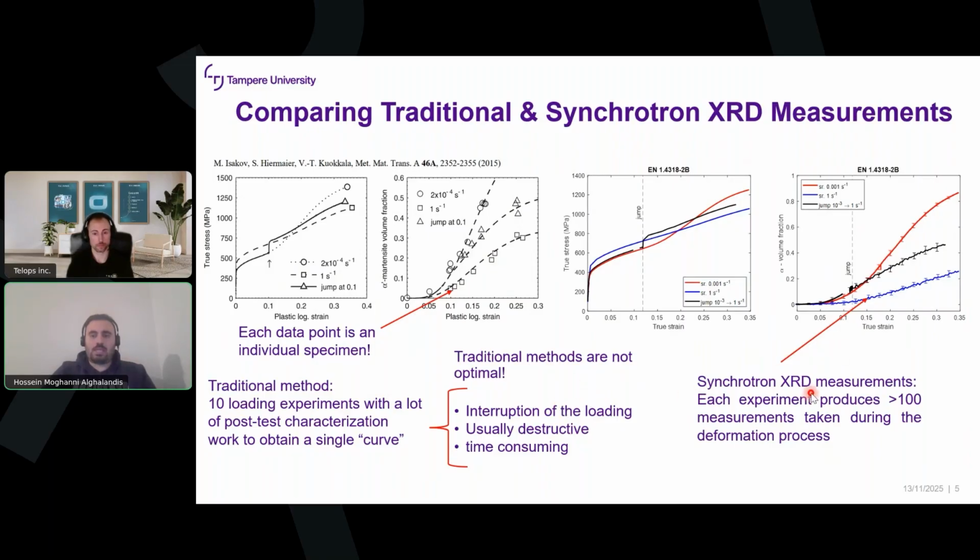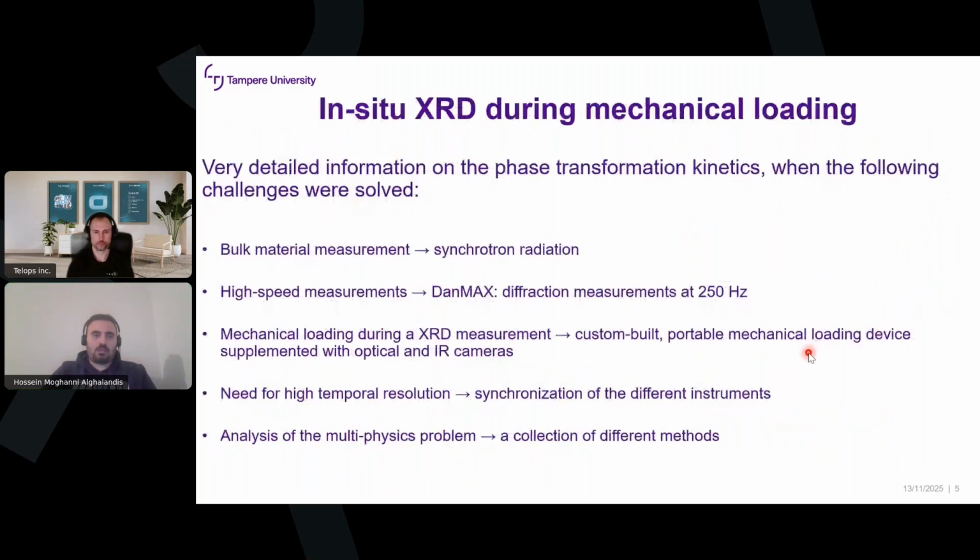However, with synchrotron data, each of these graphs is produced by one experiment, and one experiment gives you over 100 measurements during the loading. So you have real-time data, and it is very awesome. Also, this in situ data gives you bulk information compared to other measurements like TEM, EBSD, and SEM that give you information just about the surface.